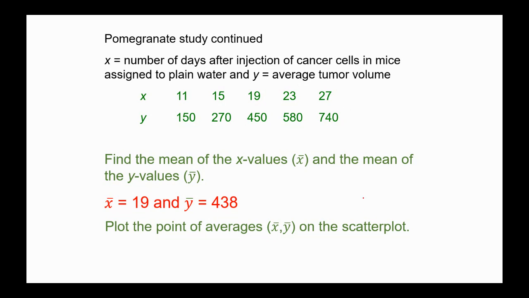So now what I want us to do is go back to our scatter plot that we drew and plot the point: 19 for the x, 438 for the y.